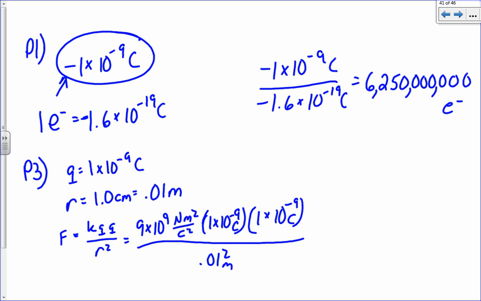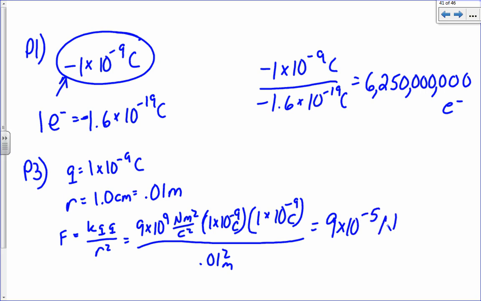These are both in coulombs. And so that force is 9 times 10 to the minus 5 newtons.